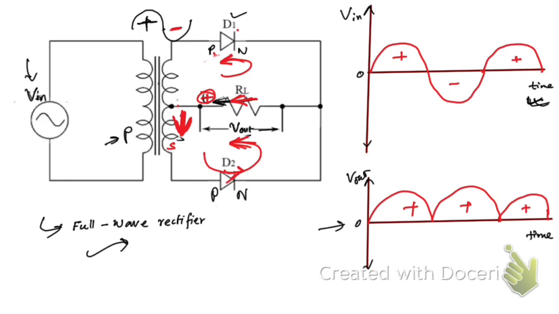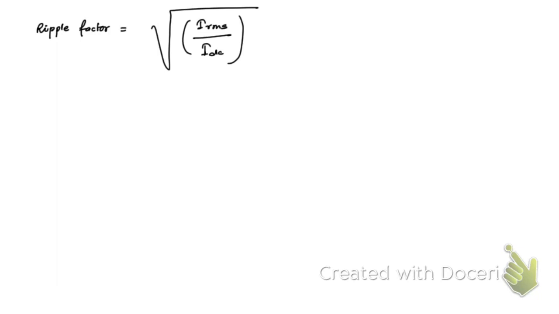Now let's calculate the ripple factor. The ripple factor is given by the square root of (I RMS by I DC) whole square minus 1.